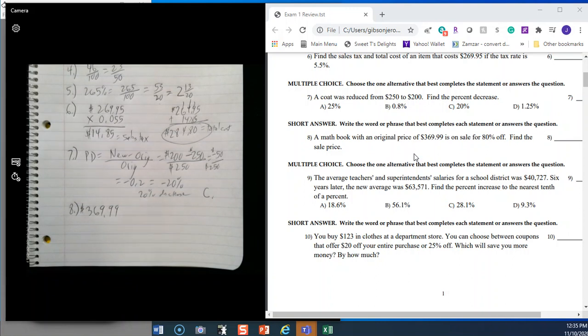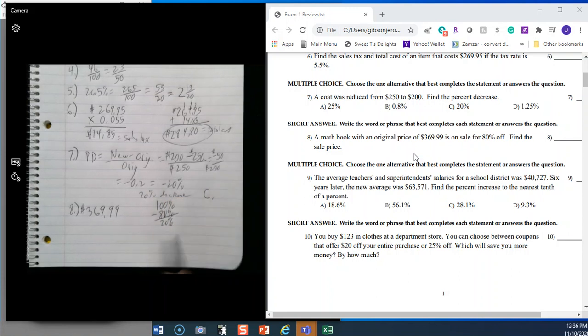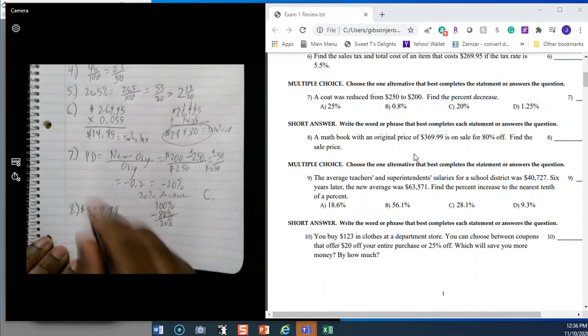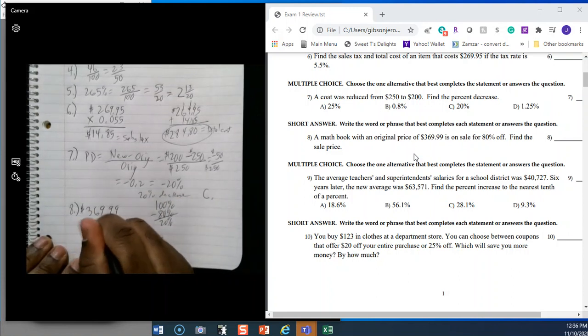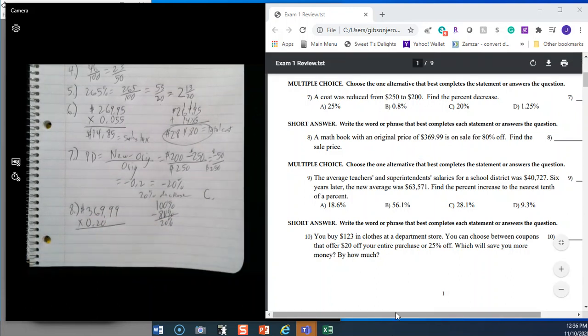Okay? Now, they tell us with the directions that we're going to get 80% off. So the original was 100%. We're going to take off 80%, which means we're only going to pay 20% for this book. So if we take this amount and multiply by 0.20, then we will get our final answer.